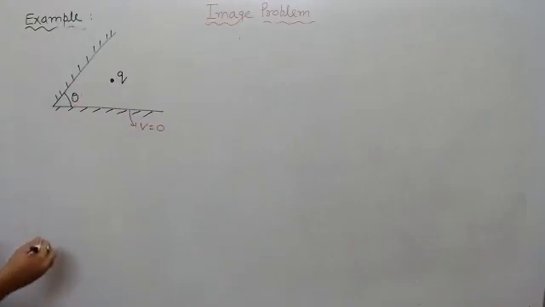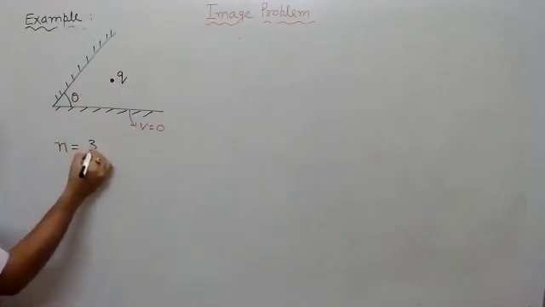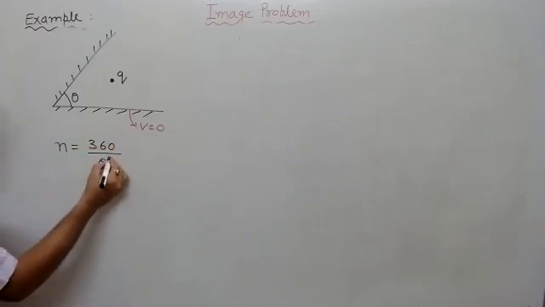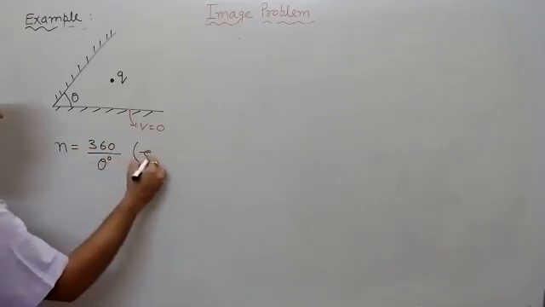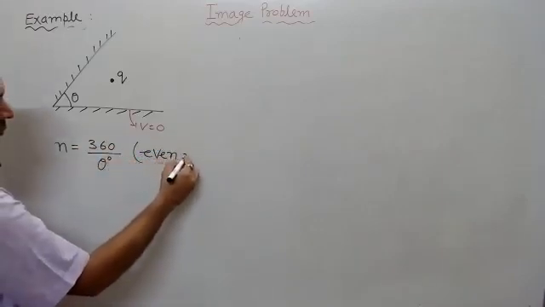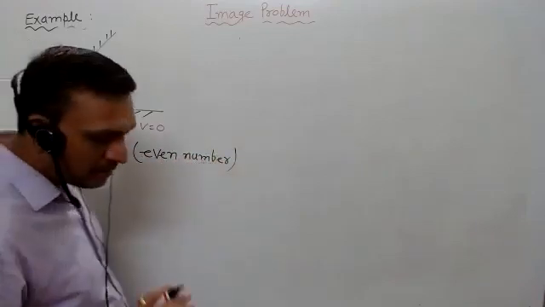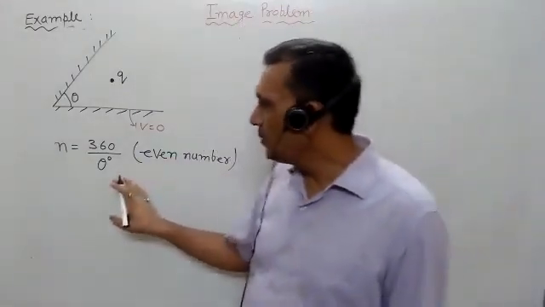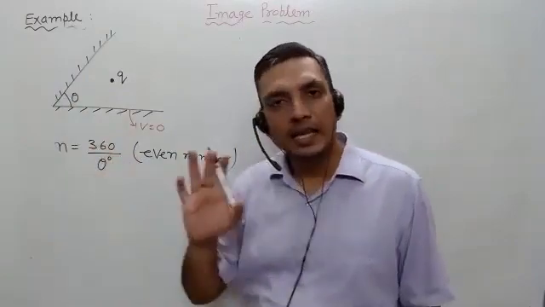So in this case, first you have to find 360 by theta, where theta is in degree. If n is an even number, in that case only you can apply this method. Must remember this point: 360 by theta must be an even number.